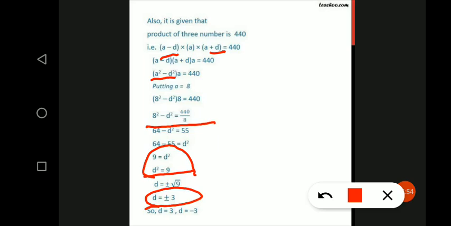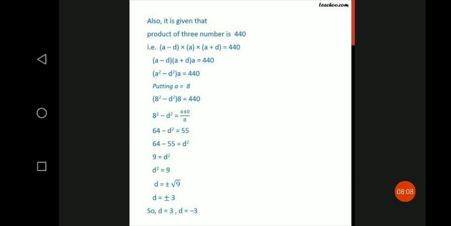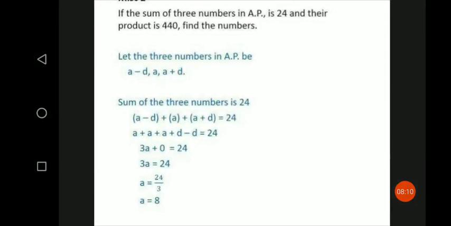Then what are the three numbers? We have to find the three numbers. The solution is still incomplete. What are the three numbers? Because we have taken the terms as a minus d, a, and a plus d, from a we have to subtract 3 on one side.